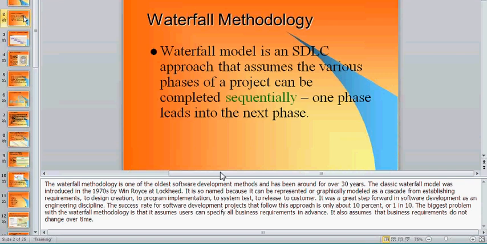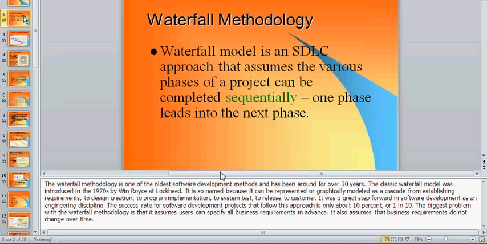So the waterfall methodology, the traditional waterfall methodology, has great benefits. But with benefits, there are also some drawbacks. So you have to take it with a pinch of salt. You must know the pros and cons of this methodology. All right?